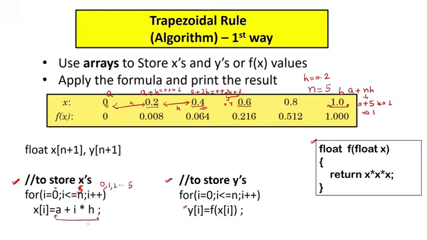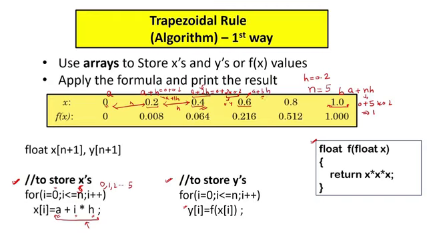In the same way, I have applied a plus i into h. h is constant, a is constant, and this i is varying. Here this is a plus h, so it can be written as a plus 1h. Here it is a plus 2h, so this 2 is actually i. Again, this can be written as a plus 3h.